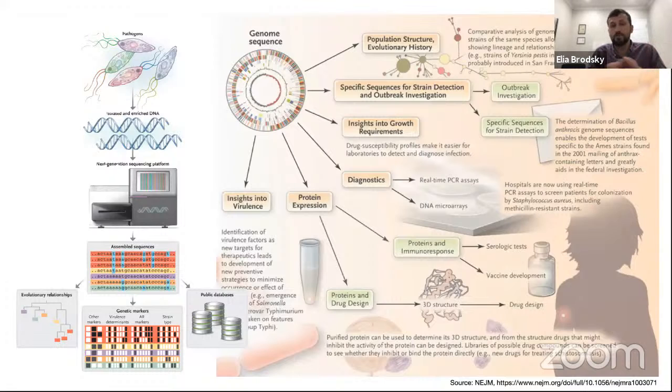So up until this type of technology was introduced, our understanding of pathogens was mostly driven by our ability to observe, using a microscope, how these pathogens reproduce. And a lot of that has to do with isolating pathogens and studying them in the lab.